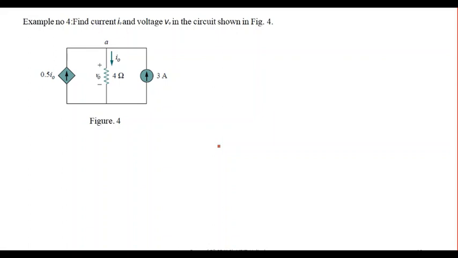So next problem, we'll consider another problem here. It is asked to find the current I0 and V0. So two unknown terms are there, but if you study the circuit here, how many current sources do we have? We have three current sources, right?